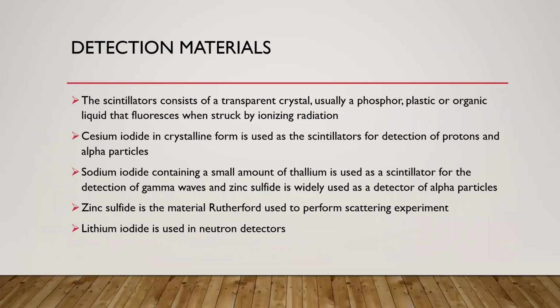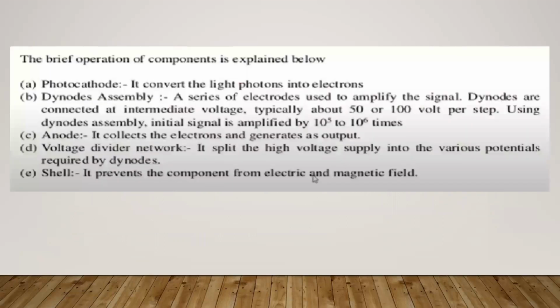Sodium iodide containing small amounts of thallium is used for the detection of gamma waves, and zinc sulfide is used as a detector of alpha particles. Zinc sulfide is the material used to perform the scattering experiment. Lithium iodide is used in neutron detectors. So these are some of the chemicals which are used in scintillation counters for detection.